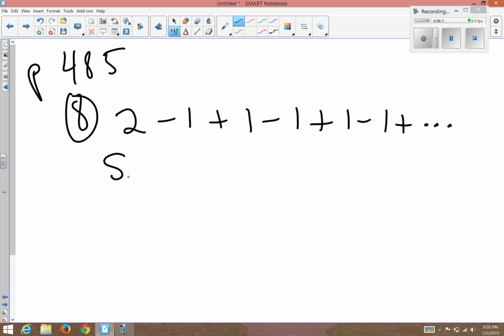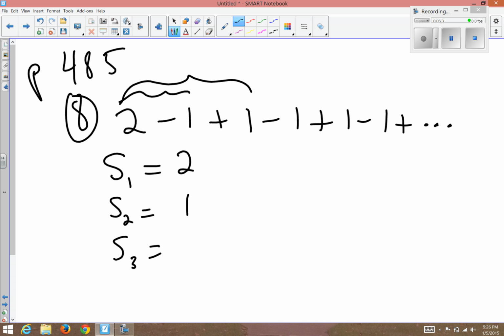S subscript 1 means the first term. S subscript 2 means the sum of the first two terms, which you can see is 1. S subscript 3 means the sum of the first three terms, 2 minus 1 plus 1, which is 2.